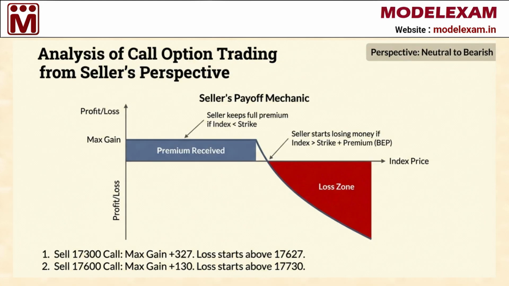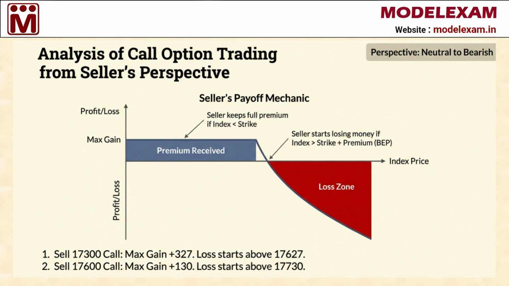Now, let us switch gears and look at call option trading from the seller's perspective. A seller usually has a neutral to bearish view, meaning they hope the price stays the same or goes down. The seller's payoff mechanic is the opposite of the buyer. The seller keeps the full premium as a profit if the index stays below the strike price.